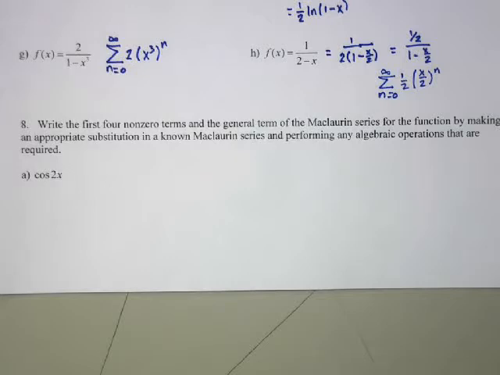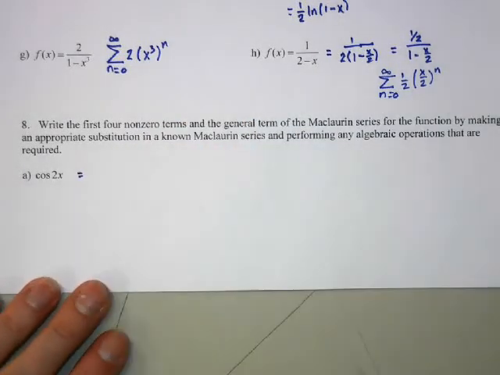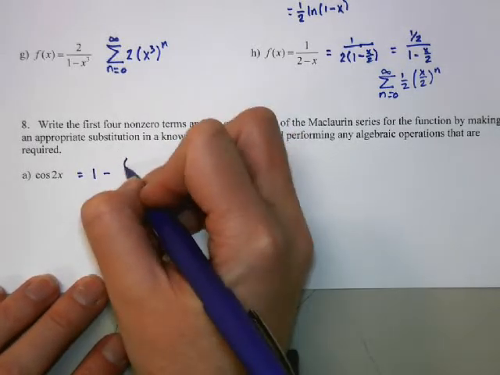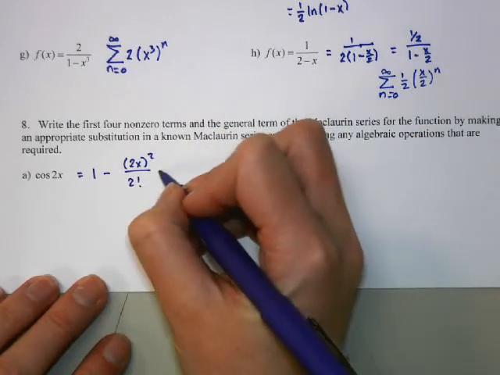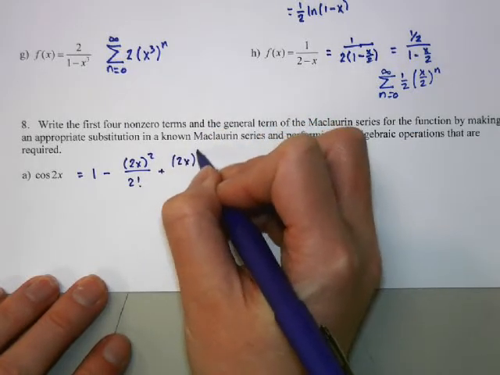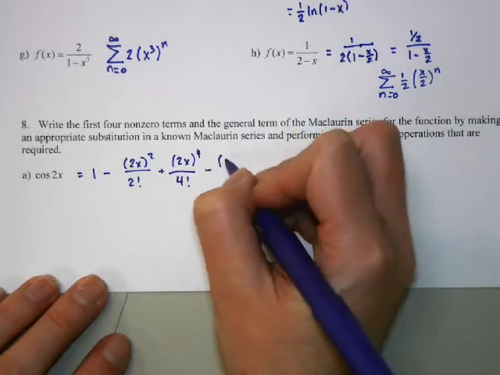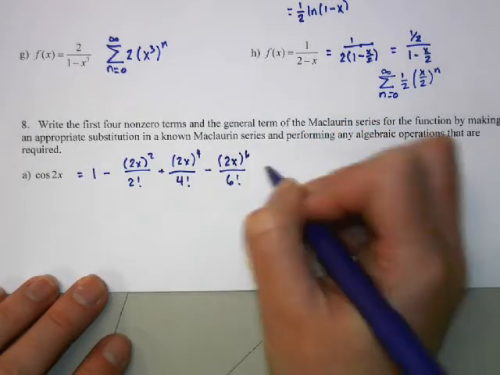All right, so we're going to write the first 4 non-zero terms of the Maclaurin series of these by making a substitution. Okay, so cosine is our evens. So we have 1 minus 2x squared over 2 factorial plus 2x to the 4th over 4 factorial minus 2x to the 6th over 6 factorial.